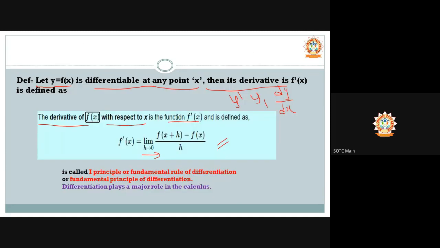Before telling you the first principle of differentiation, let me give you a practical example where you can easily understand what differentiation is. Let us suppose you have a town or municipality, whatever it is. This is the outer ring road.